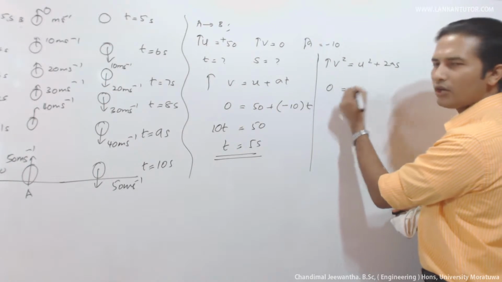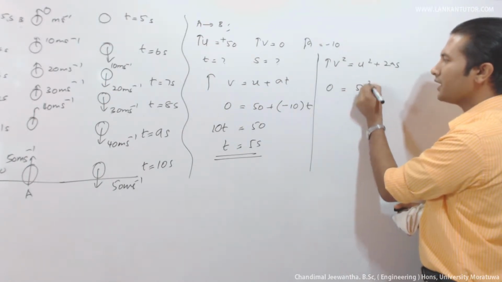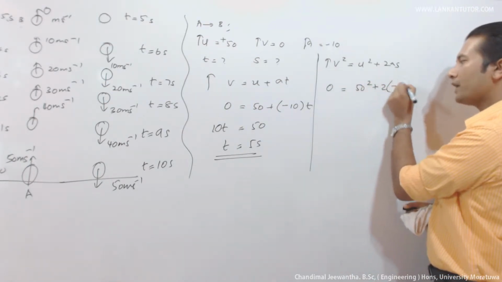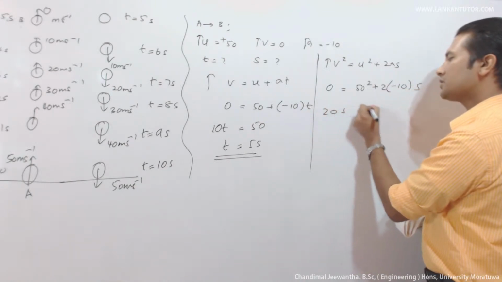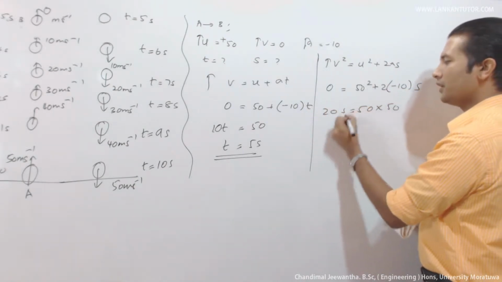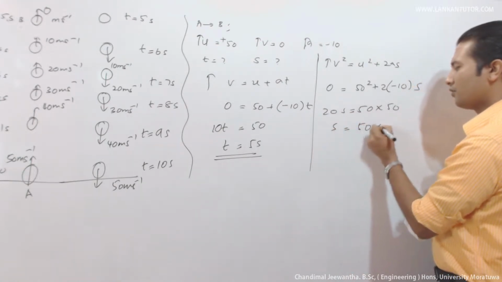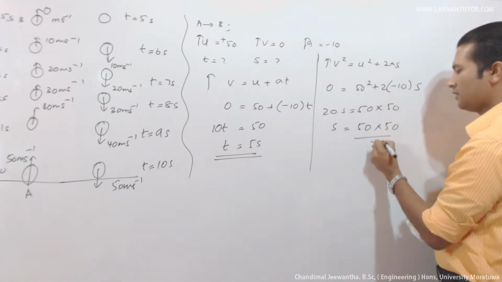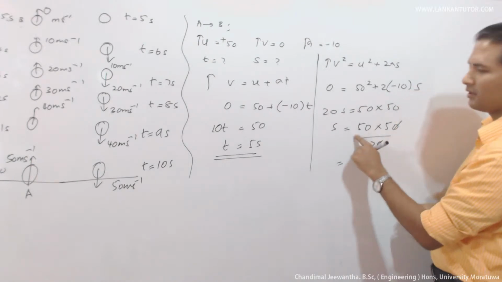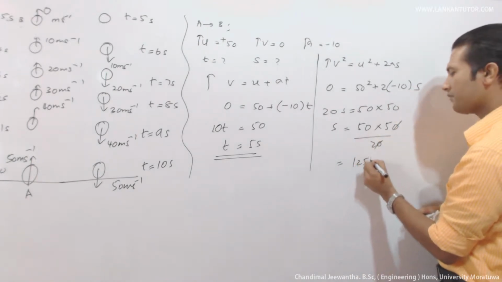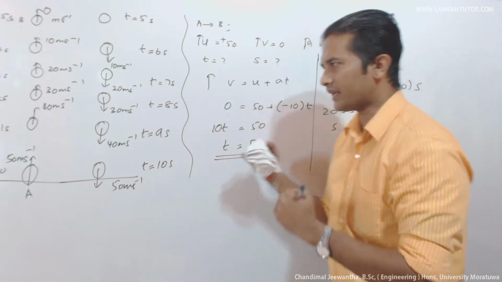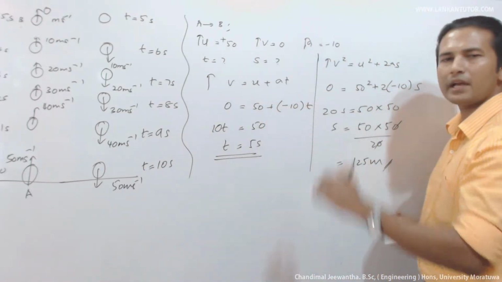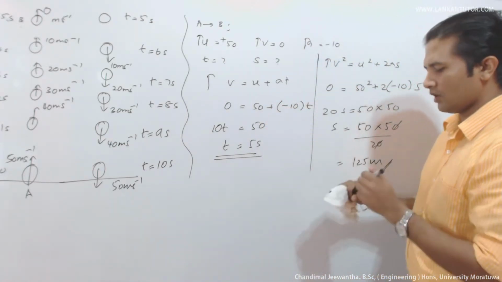Final velocity is 0, initial velocity is 50, then 2 into minus 10 into s. 20s equals 50 into 50. So then it becomes 125 meters. That is the maximum height gained by the object.